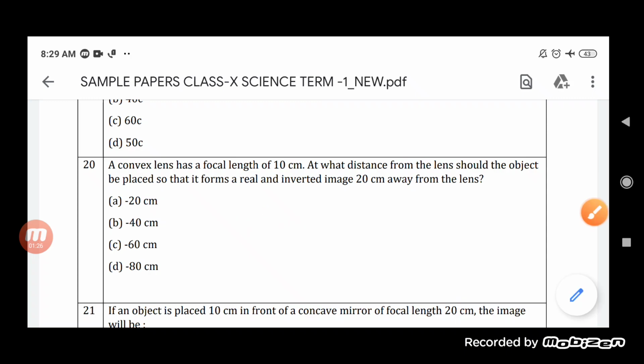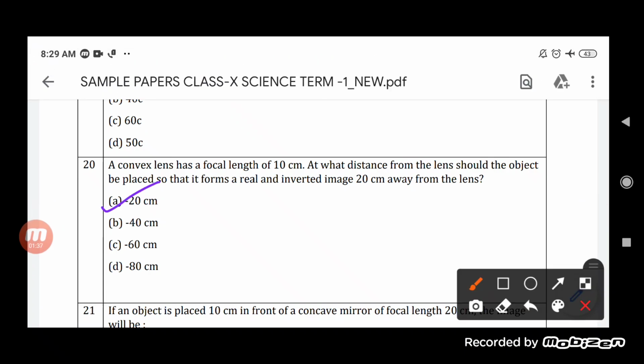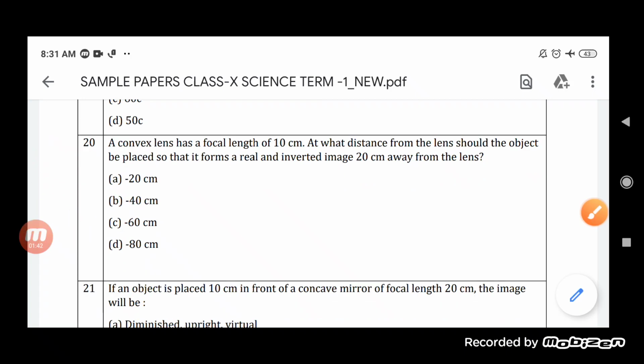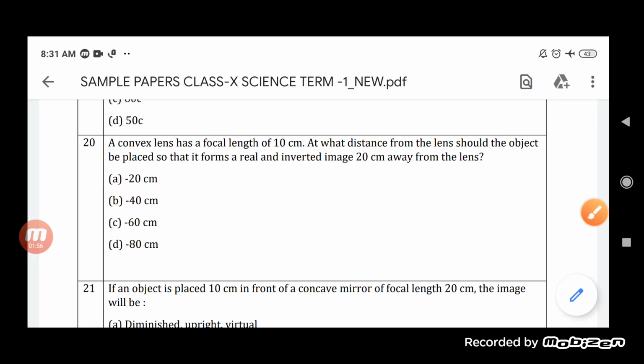And we know that the lens formula is 1 by V minus 1 by U is equal to 1 by F. Putting the values, students, the answer that we will get will be minus 20 centimeter. So the object distance will be minus 20 centimeters. See students, it is minus because the object is kept in front of the lens.